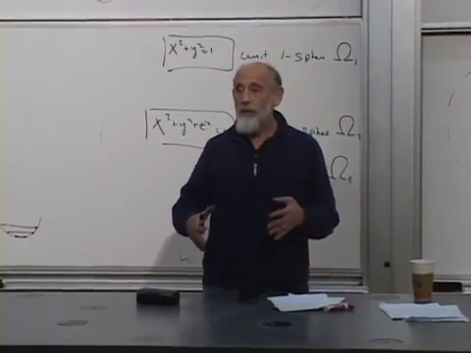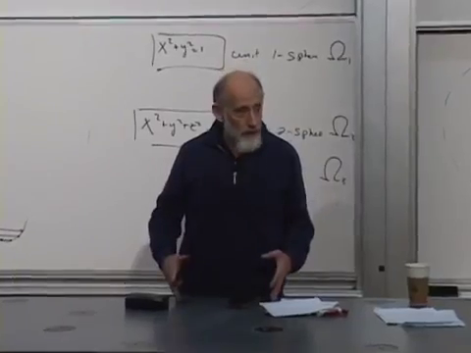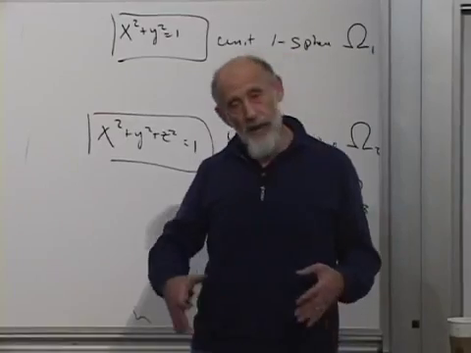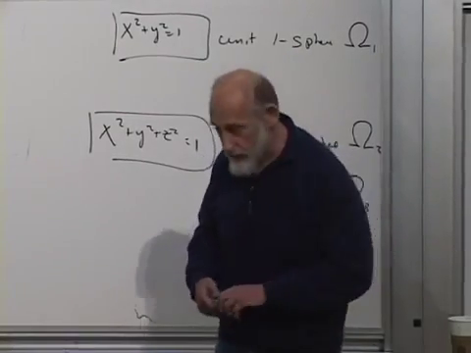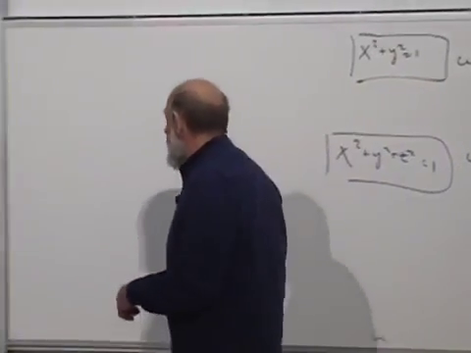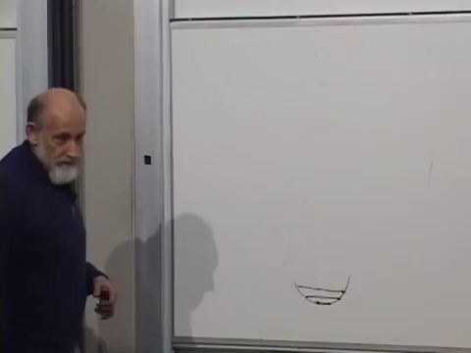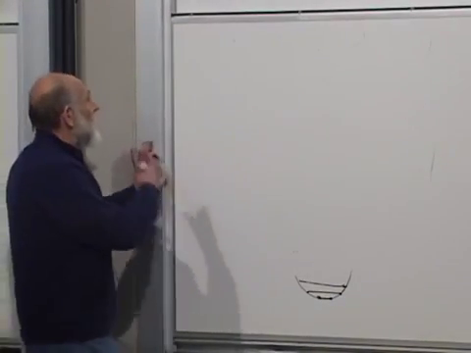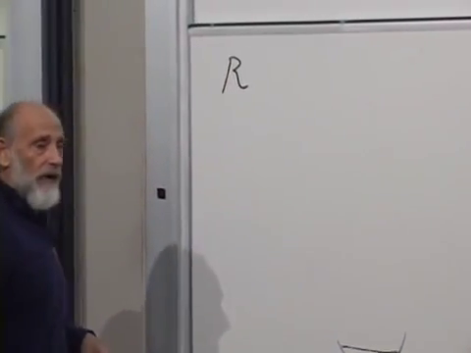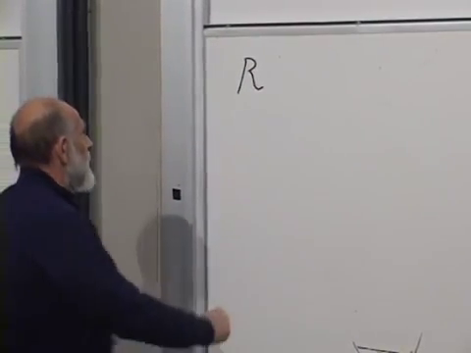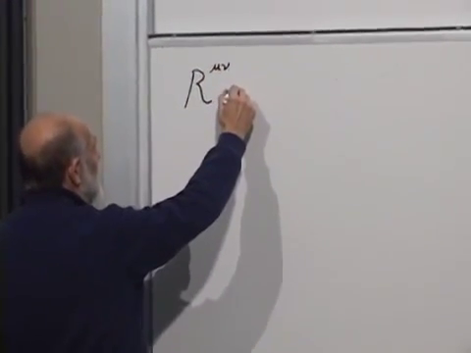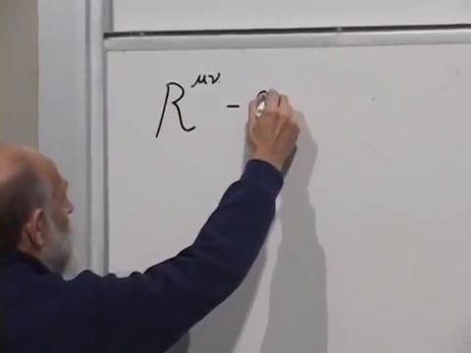And then we're going to impose Einstein's field equations and determine some information about A of t. Now, we're not going to actually do it. I'm going to tell you what happens when you do it, though. So let's start with Einstein's field equations. I'll just remind you what they are. They involve the curvature tensor, and in particular, they involve the Ricci tensor, R mu nu, minus G mu nu.